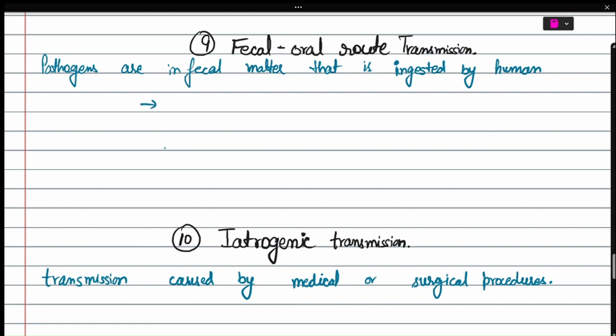The most common pathogens are worms. Worms can lay eggs, and they can get transmitted to humans.